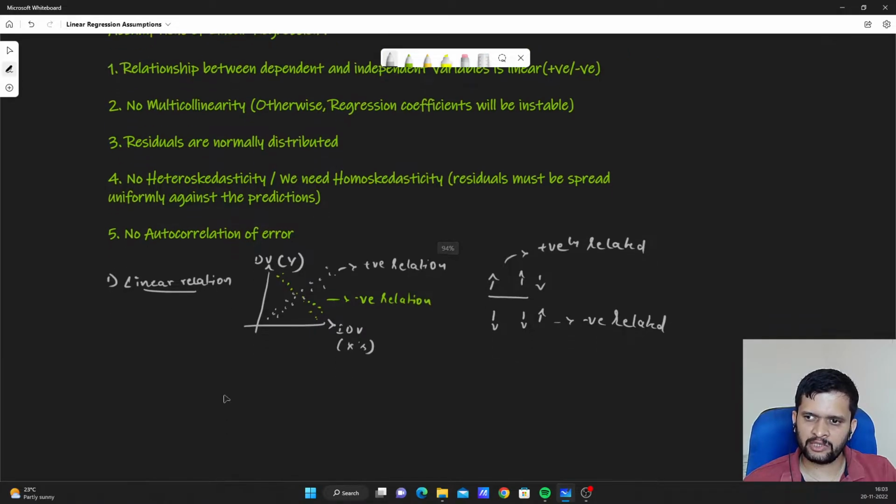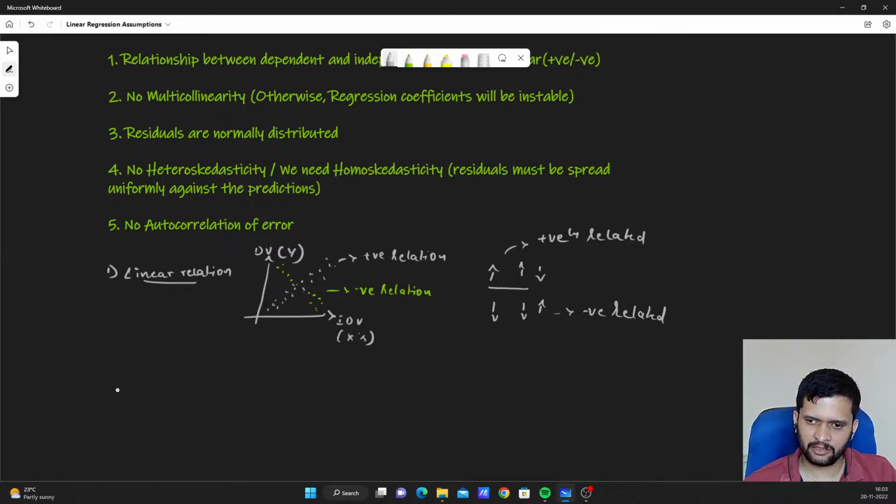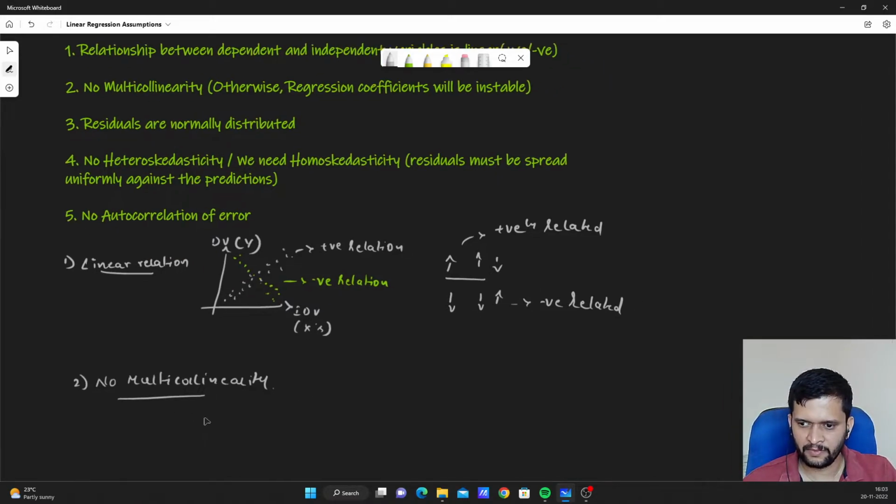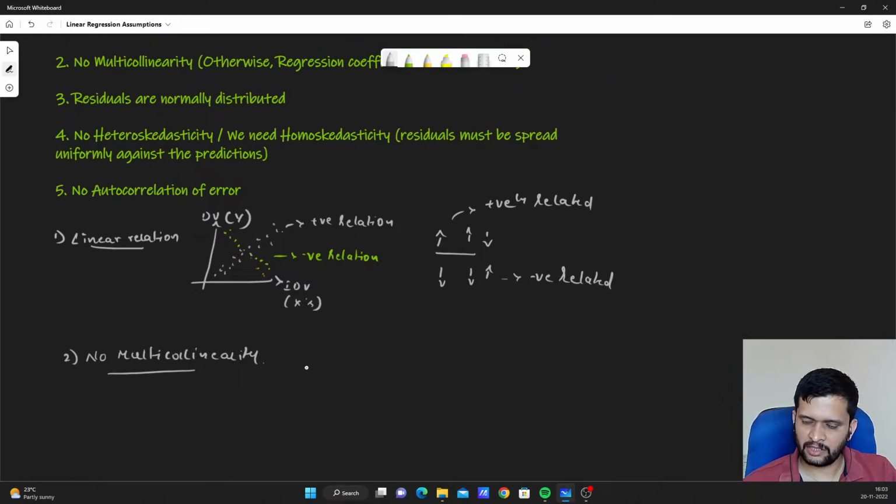Now let's talk about the second assumption. Second assumption talks about no multicollinearity, right? So what do we mean by multicollinearity? Okay, so in other terms, let's consider a hypothesis for linear regression with multiple variables.